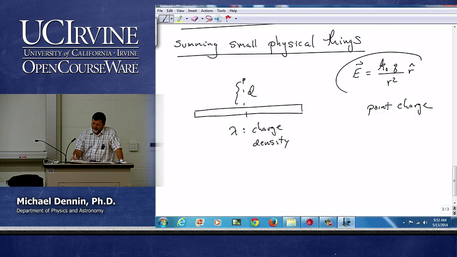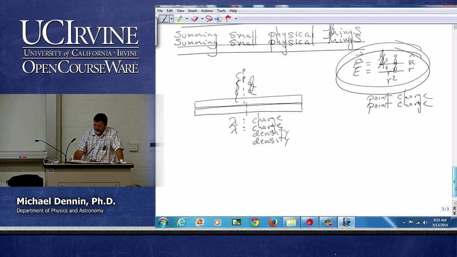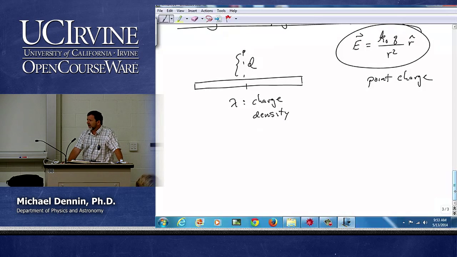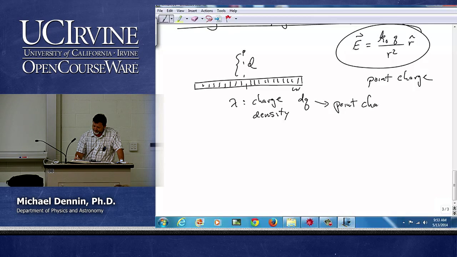Now, why do I care about this? Well, because the fundamental way I deal with so much of life in physics is I break it into teeny pieces, each of which is a little dq that basically acts as a point charge. And so much of life is linear. Electric fields are linear. We get to add the electric fields from all the charges we have.